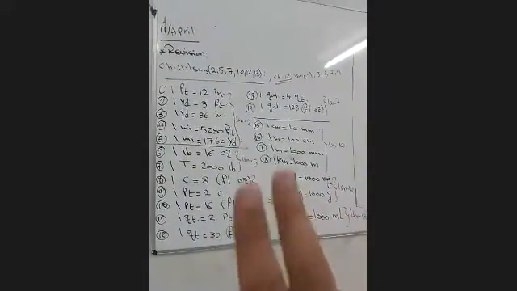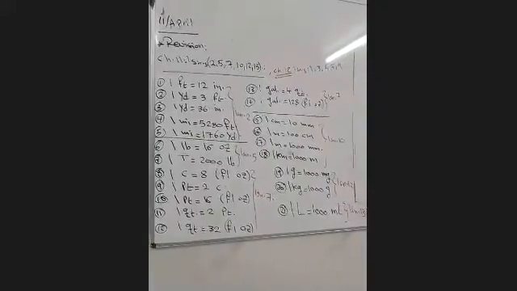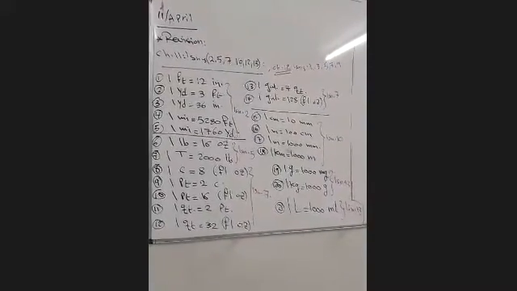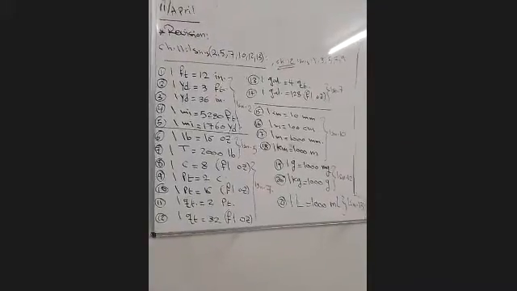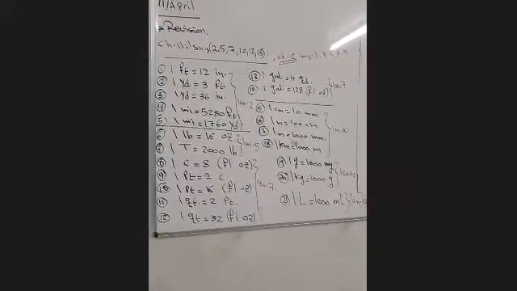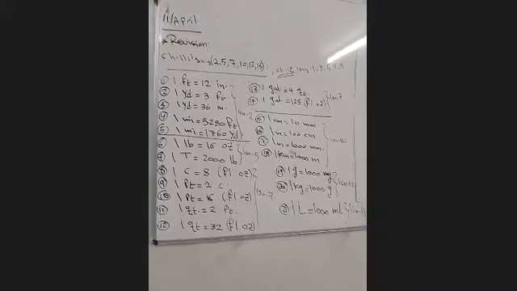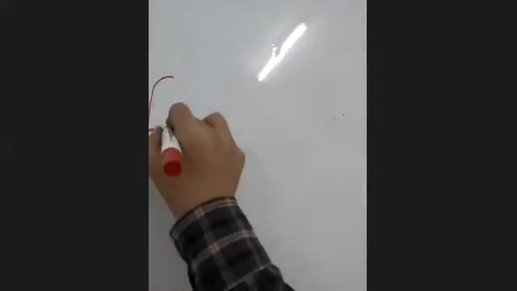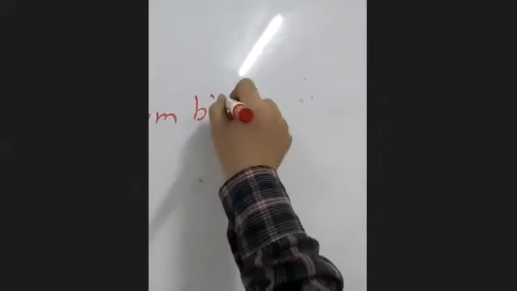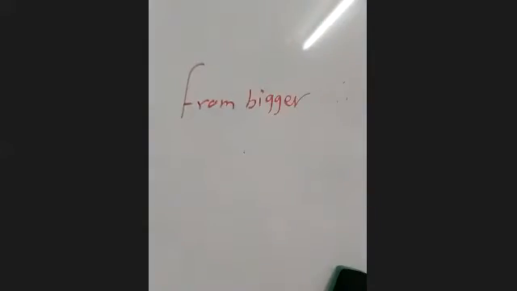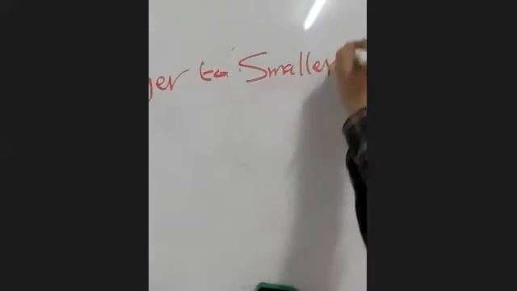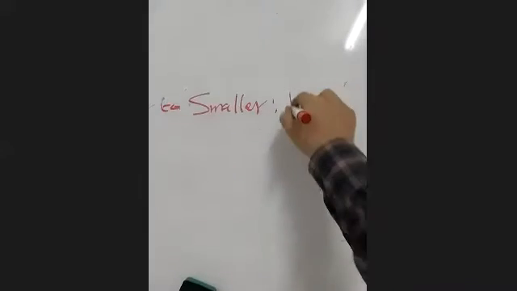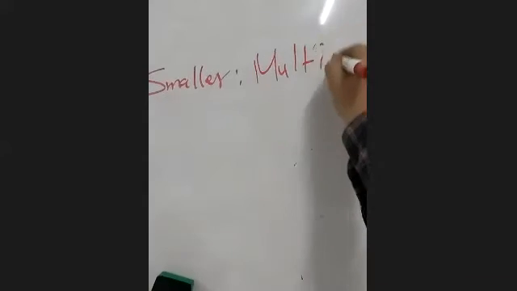It's important. Write the formulas so you will use the paper with these formulas in your exam. No need to memorize it. Don't memorize them. Okay? Just use them. How we use them? We said from bigger to smaller, multiply.